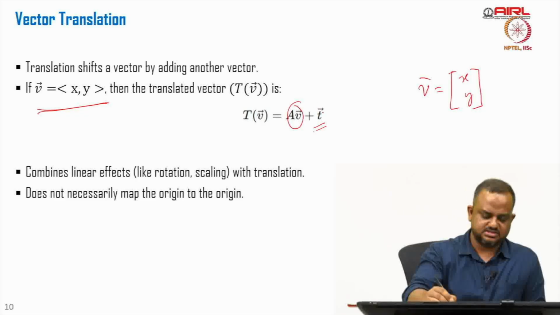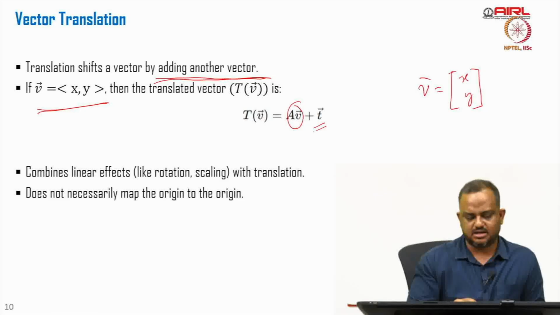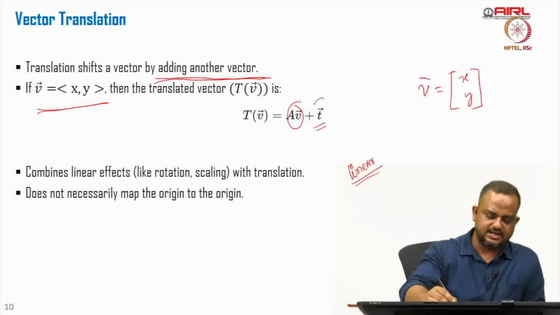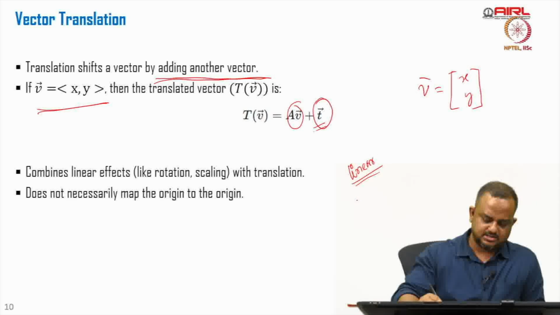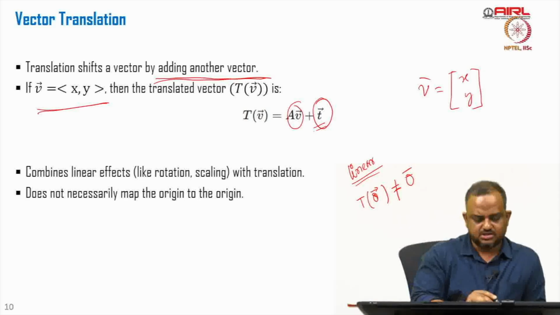That's why when this adding of another vector happens, it doesn't remain a linear transformation, because you can check that because of adding this particular vector, the condition that the origin is always mapped to itself doesn't hold. The origin gets shifted or translated by the same vector that is added.